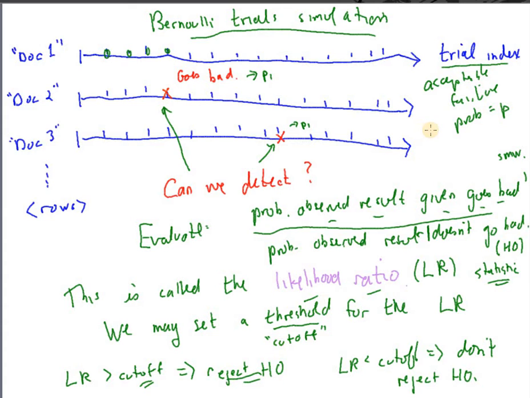The null hypothesis is the hypothesis that he doesn't go bad, he's fine, there's nothing that we need to do. And if his ratio is too large, we reject that and say, well, we better look into this. Maybe there's something wrong with this doctor. Now, on the other hand, if his likelihood ratio is less than the cutoff, we don't reject the null hypothesis. We leave him alone. We say, well, it looks like he's fine. We'll keep watching, but we're not going to do anything just yet.